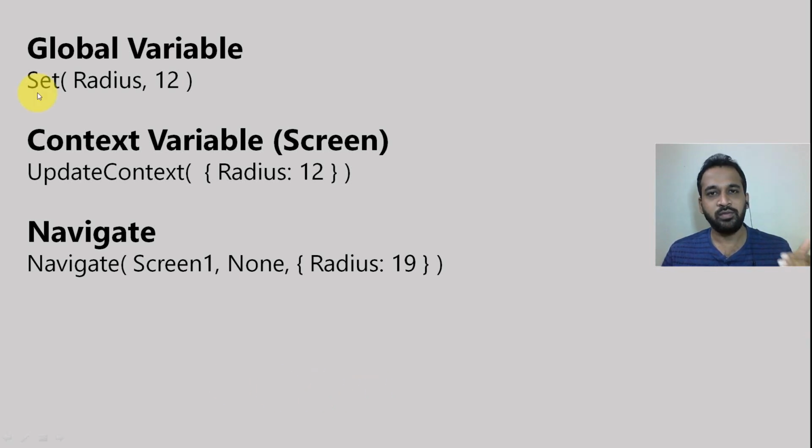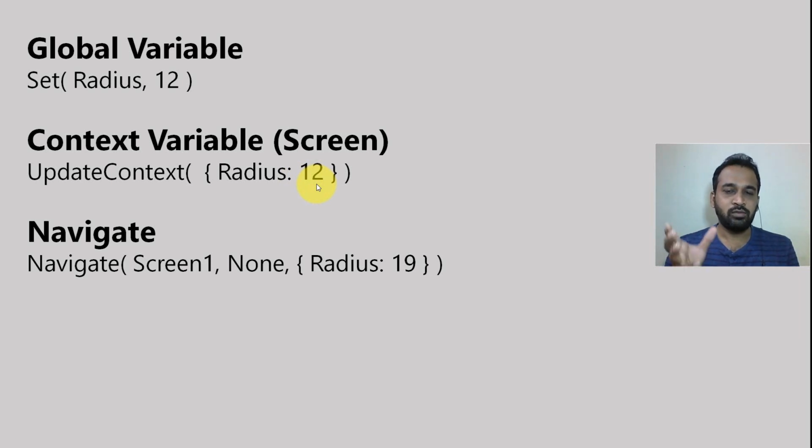To start with the global variable, we have to use Set, open bracket, Radius, comma, 12, close bracket. So Set refers to the global variable, and when it comes to the context variable, that is the local variable, it is UpdateContext and then open bracket, curly brackets we have to open, and Radius is the variable which we are defining, and colon instead of comma we are going to use here, and 12 is the value which we are going to pass, and then close the curly bracket and close the regular bracket.